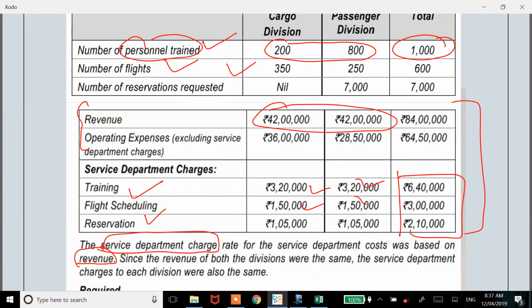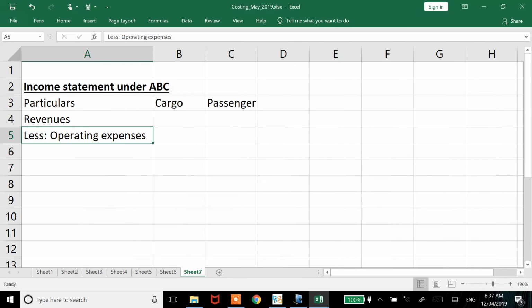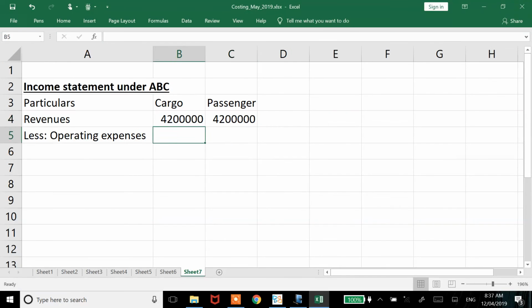ABC comes into the picture where cost is not directly traceable. So the first two items will remain the same, revenues and operating expenses. Revenues less operating expenses: 42 lakhs, 36 lakhs and 28 lakh 50,000.